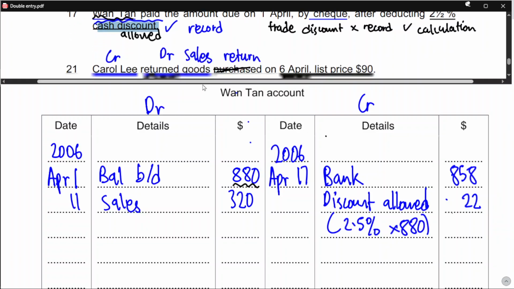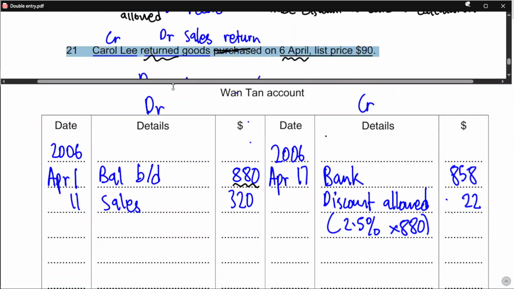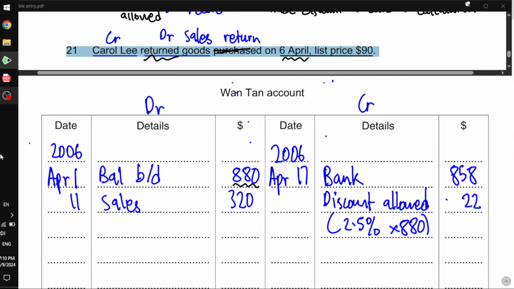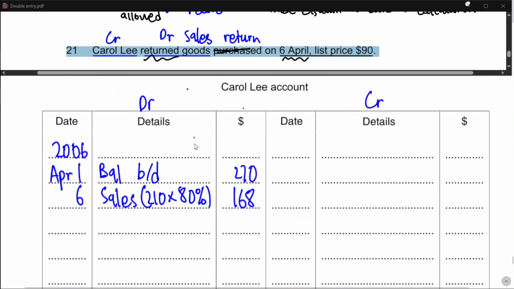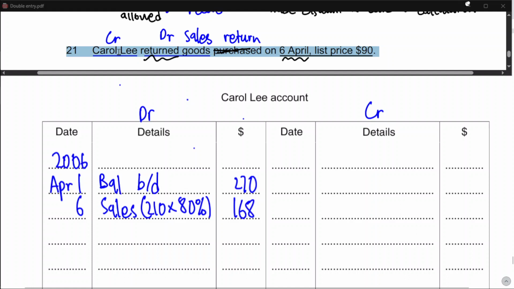Now let's go to the next line. So this one, Caroli. So go to Caroli account and Caroli credit sales return. This one is April 21.